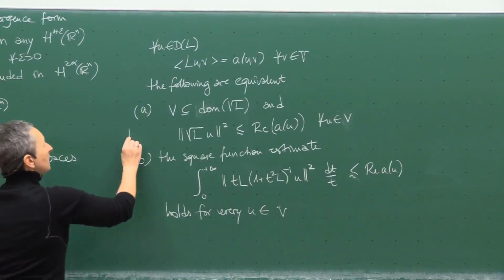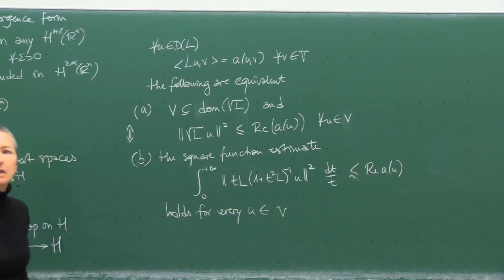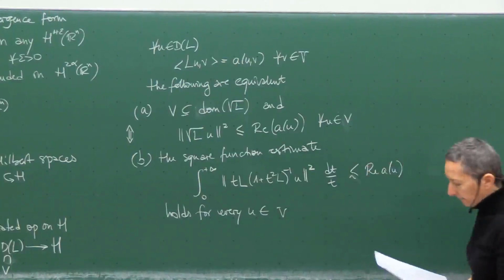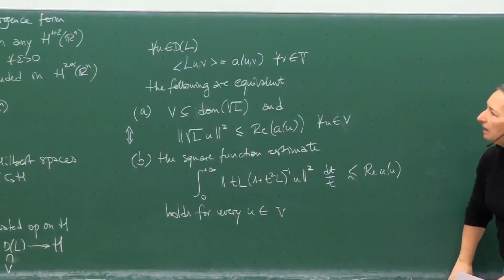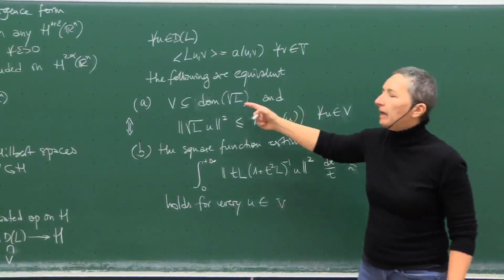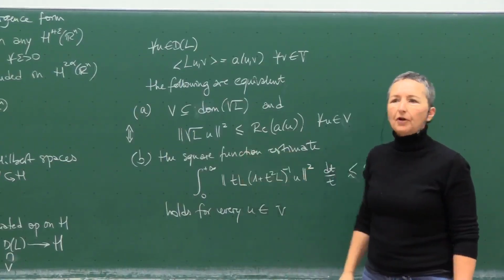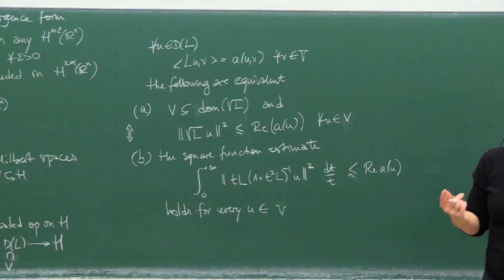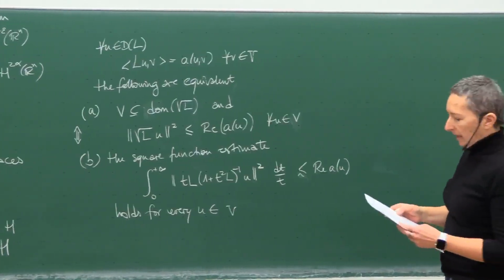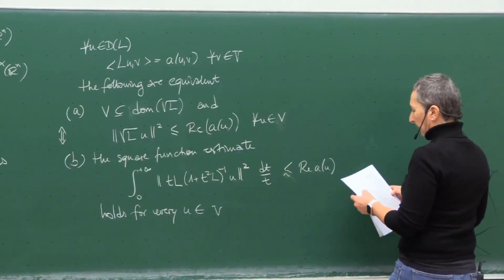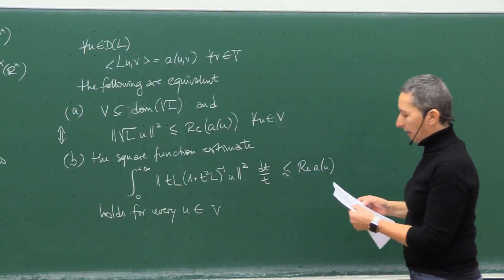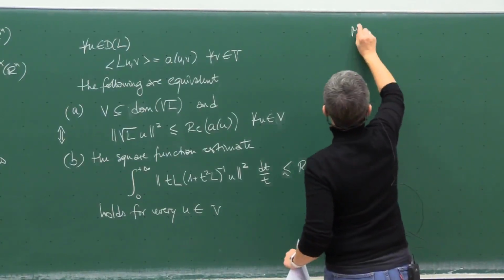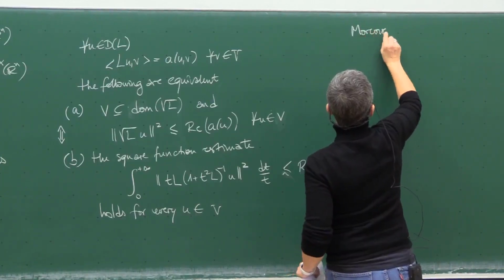So these two assertions, A and B, are equivalent, and moreover, if we have either A or B satisfied by L and its adjoint L star, then we have, so let me write it completely.